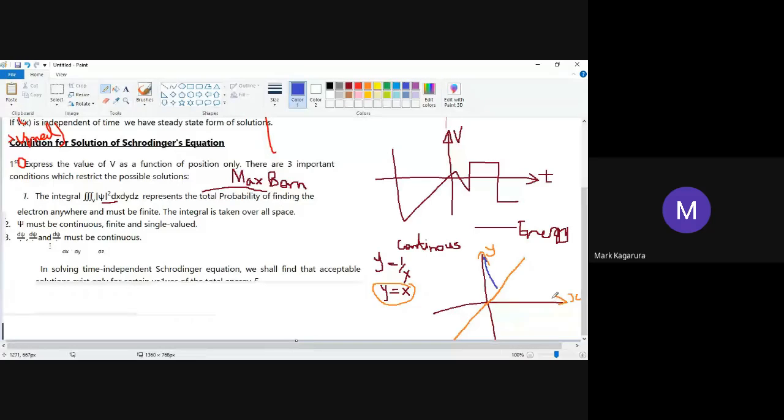No, as y tends to 0, as you're descending this bit, x tends to infinity, because 1 over infinity is 0. So you have that sort of graph.